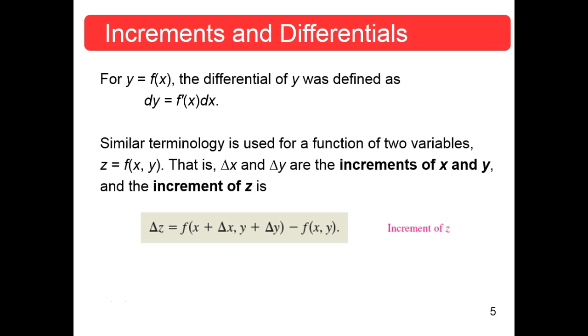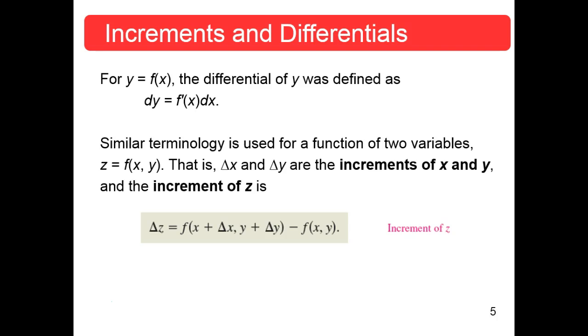Here's your z up here, that corresponds to f of x, y. Now let's move x just a little bit further, so it's x plus delta x. Your y just a little bit further, so it's y plus delta y. Now you're at a new point.